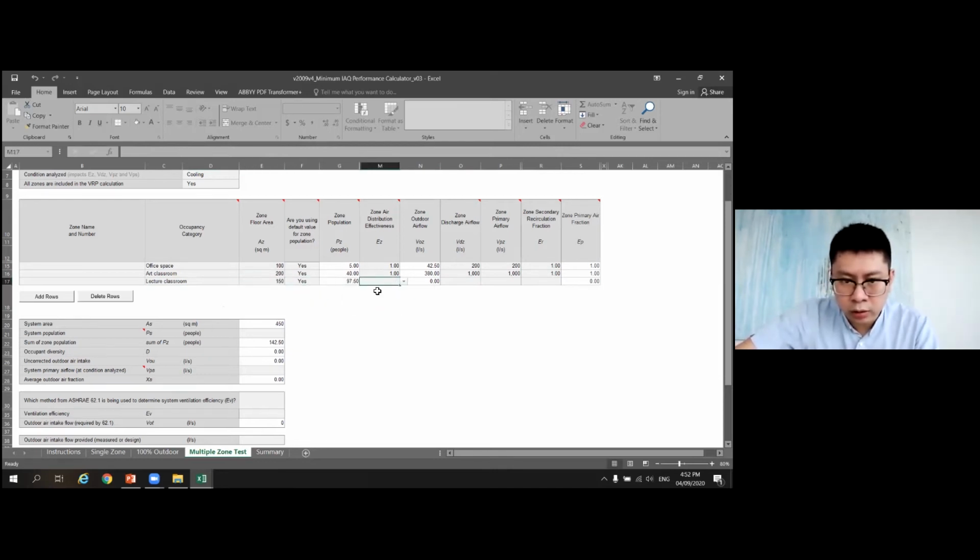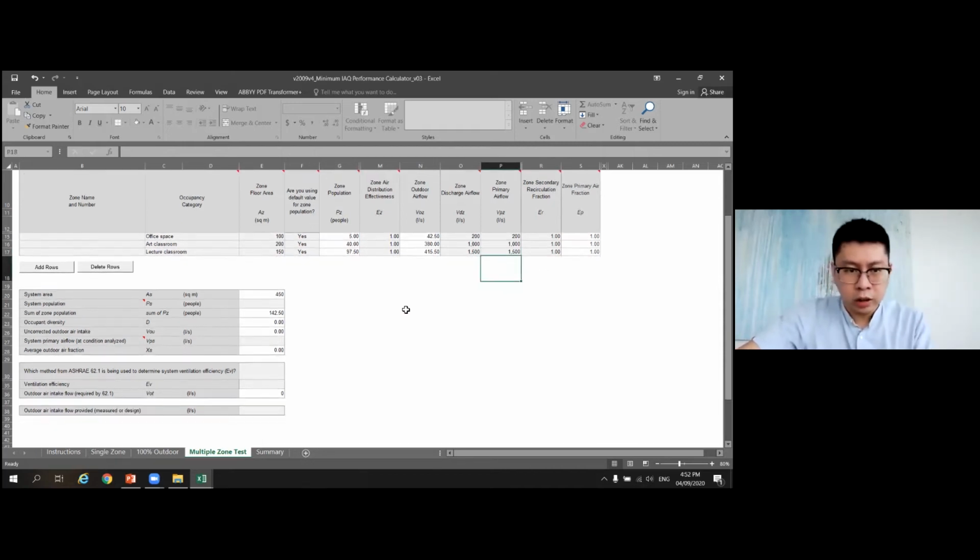Yes. So you can see the default is according to 62.1. So let's say in this case 1500, and the other is 1.